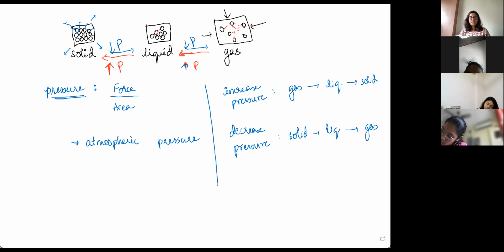So observe, this is the exact opposite of what you do with temperature. If I decrease the temperature, then the first thing happens: gas to liquid, liquid to solid. And increasing the temperature is going to turn solid into liquid and liquid into gas. So temperature and pressure basically have opposite effects on matter.